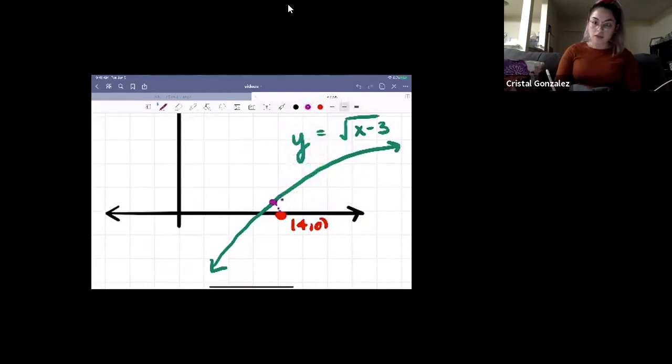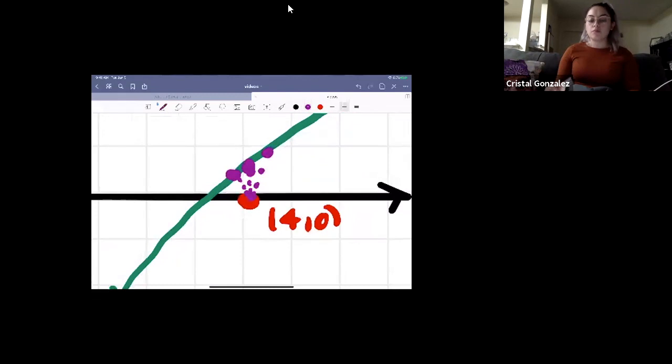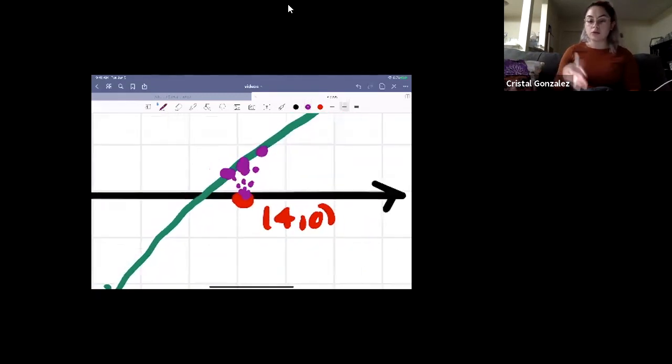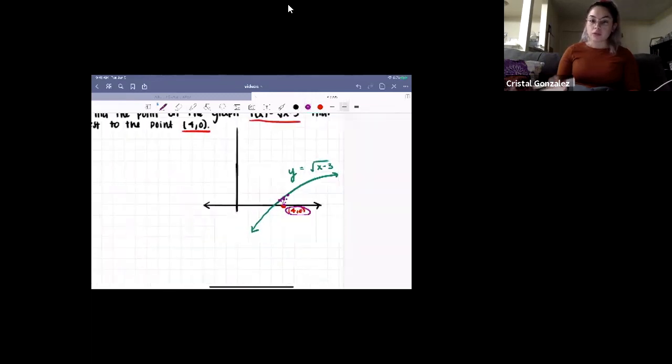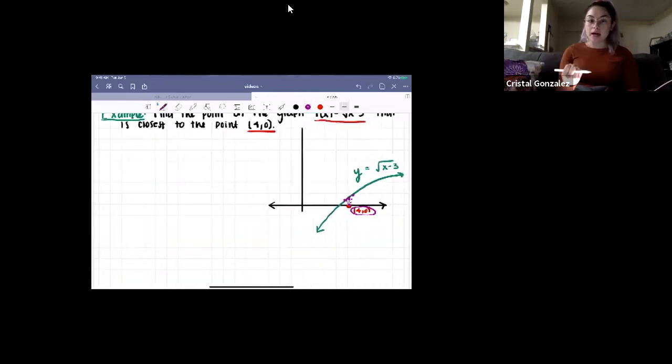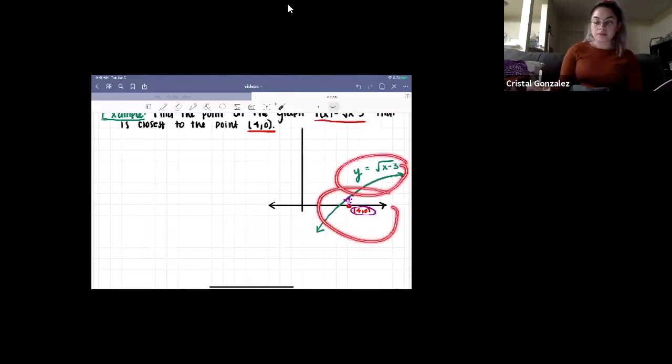Is it going to be this point, or this point? So we're looking for the point on the graph that gets us closest to the point (4, 0). That's what we're looking for. So we're looking to minimize the distance between this function here and this point here. Okay?